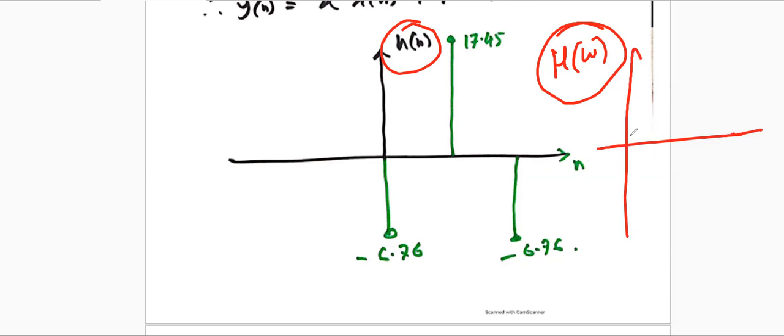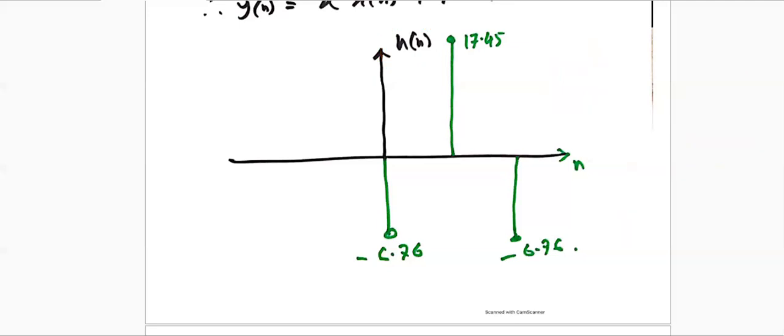And if you draw it, you can find that this is of course a high pass filter, where let's say this is 0.4 and this is 0.1 in particular values of omega. So draw it and justify yourself whether it works properly or not.